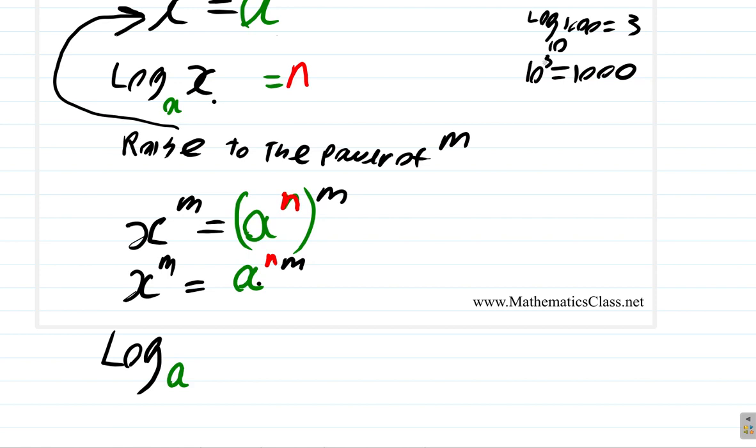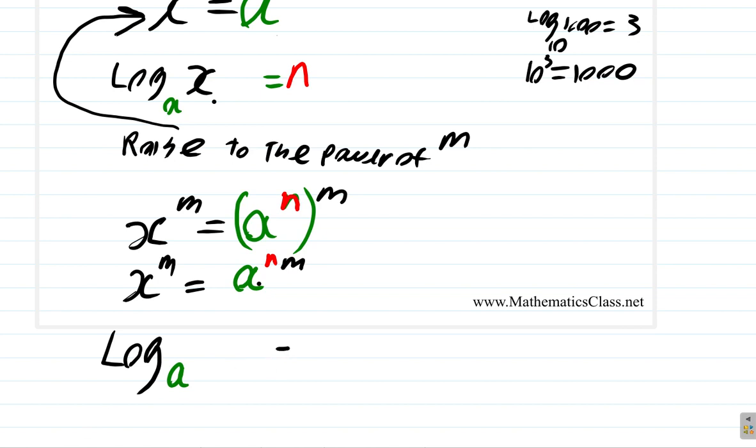Here, remember 3 was the power, and in log form it is the answer. Here, nm is the power in the index form. In log form, it's supposed to be the answer.